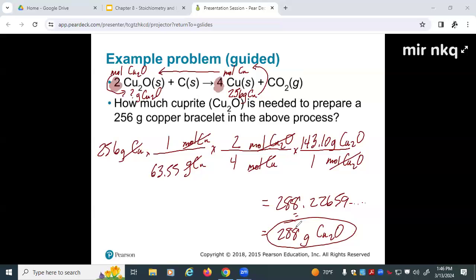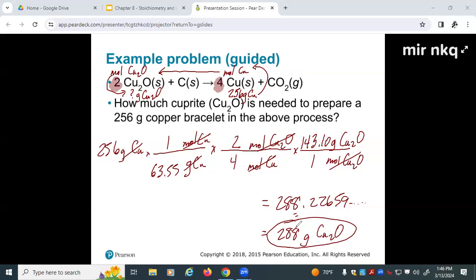So if we are looking forward here, this is the kind of calculation that you're going to see in the homework assignment due tomorrow night. If you think about how our quizzes are structured, Friday's quiz is net ionic equations, which we talked about on Monday and the time before spring break, and stoichiometry.